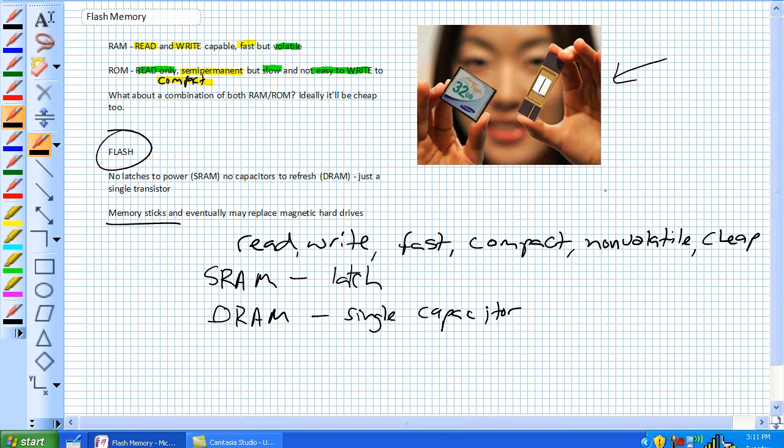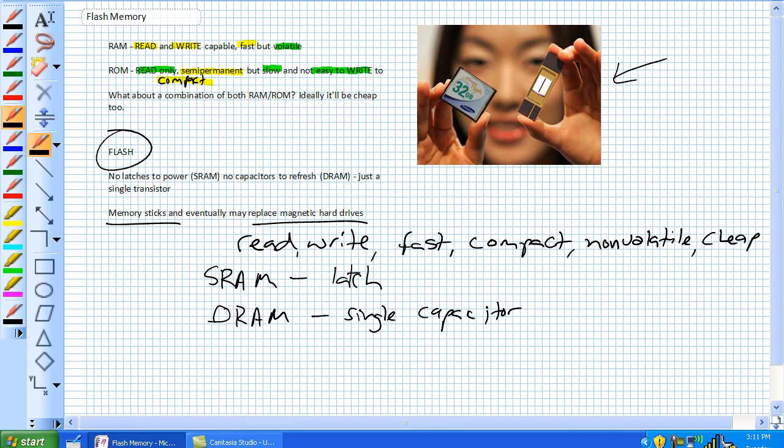The compact flash cards and SD cards in digital cameras, and some pretty high-end computers right now, some expensive computers, are actually using flash to replace magnetic hard drives. The one I'm thinking of is the MacBook Air, I think, which has just flash, no hard drive. So super compact.